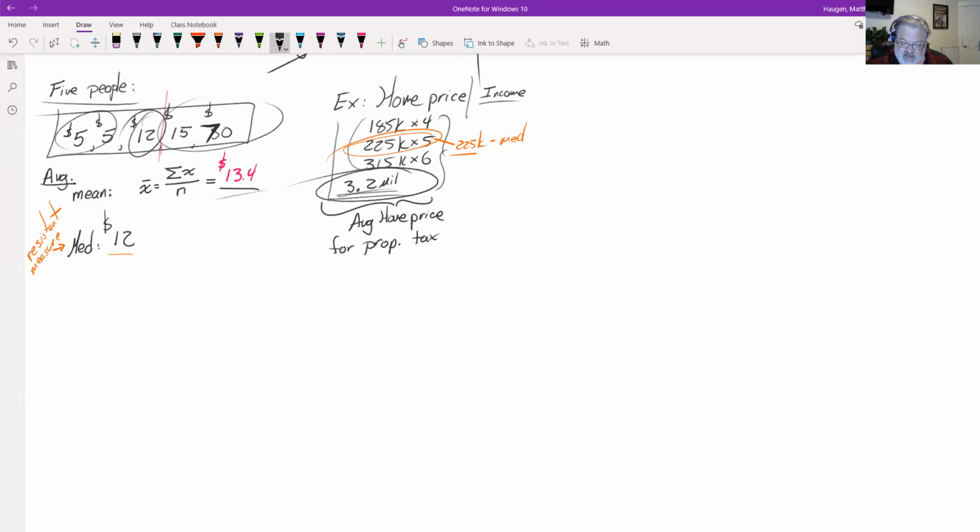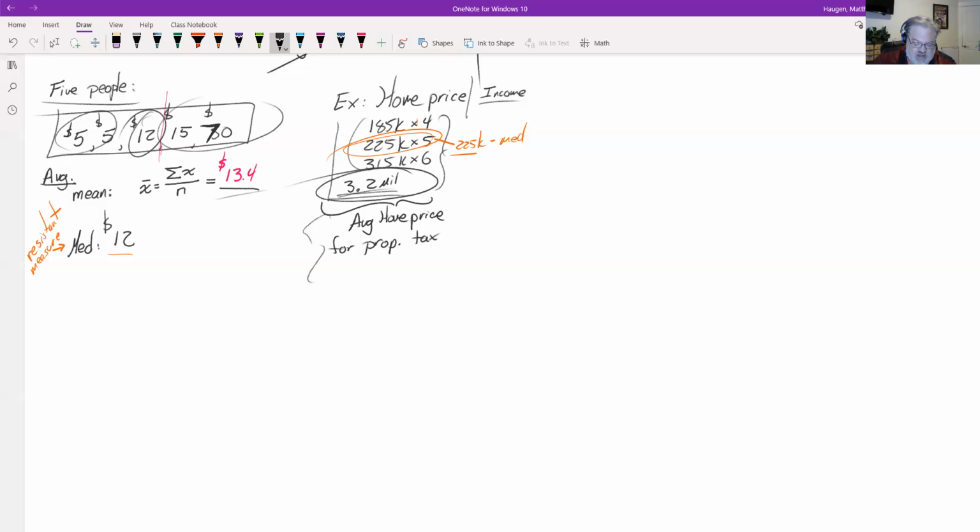So in that context, the mean would be more representative. So when we want mean versus when we want median is really going to depend on what we're studying and why we're studying it.